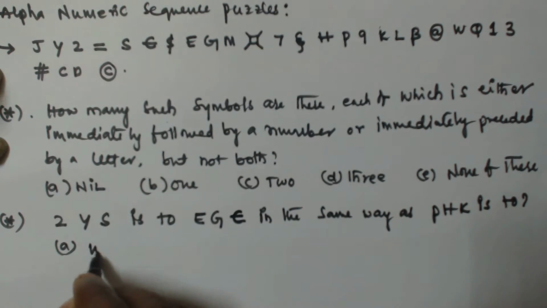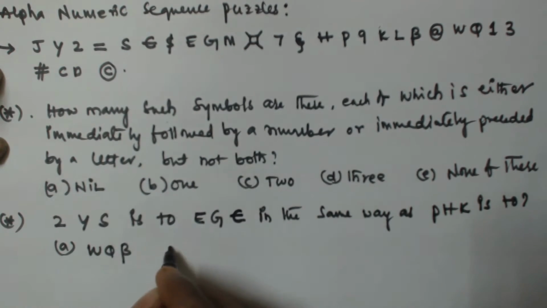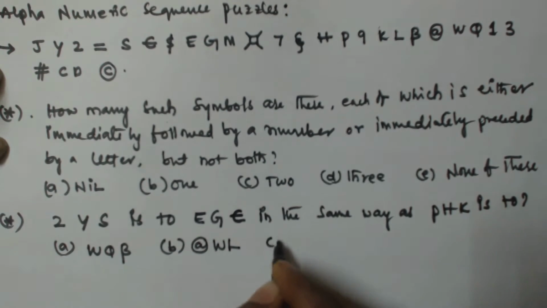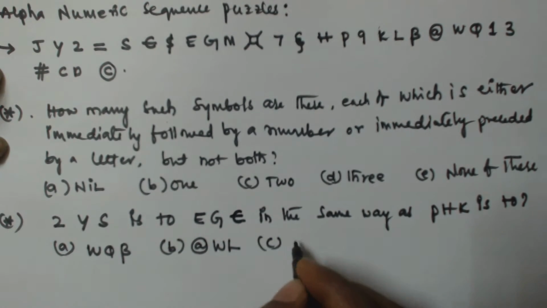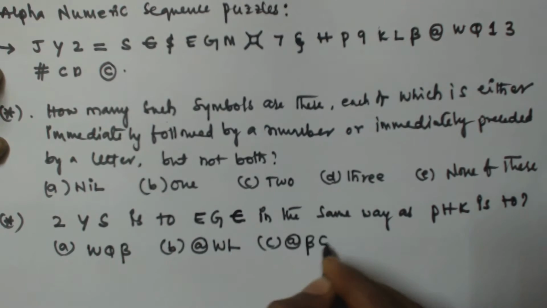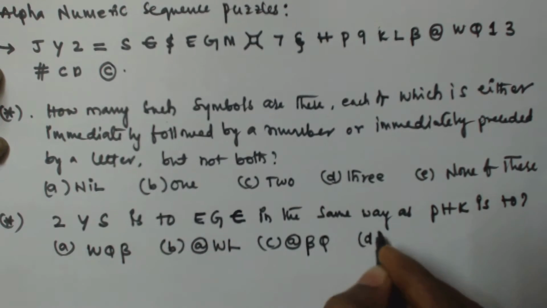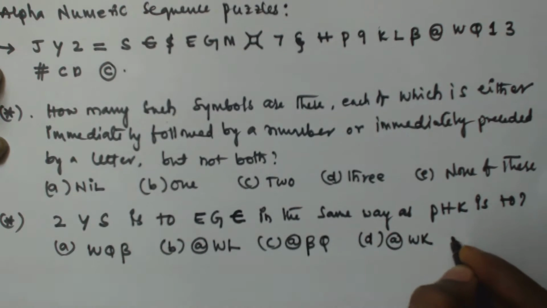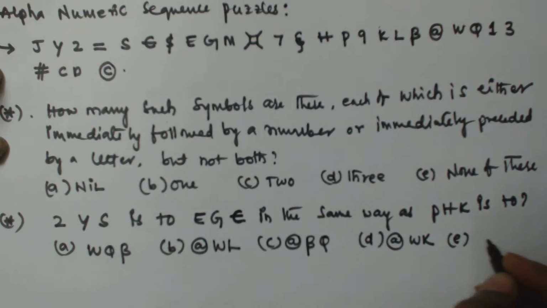Option A is W Q beta, option B is @ W L, option C is @ beta Q, option D is @ W K, and option E is none.